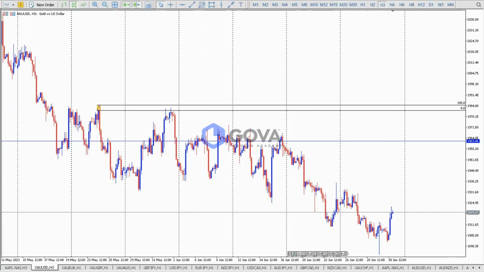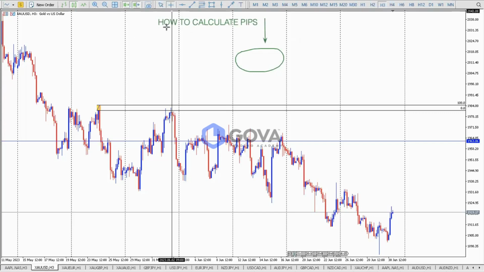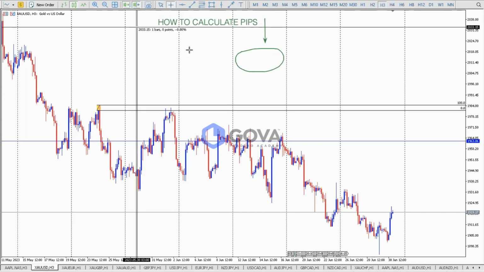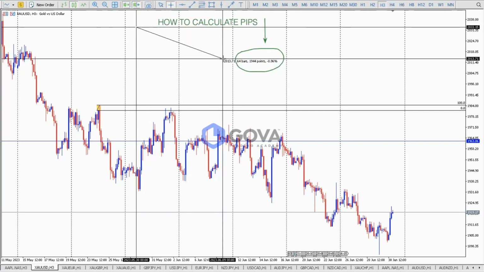So how do we calculate pips? Look at the circle here. How do we calculate pips? This is how to calculate pips. Using the cross here, how many points are in this circle?